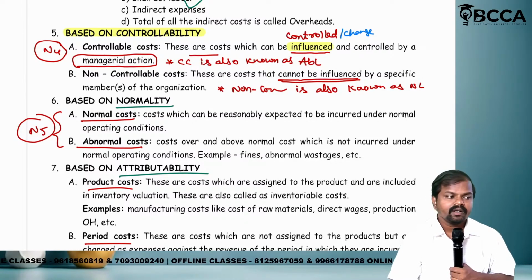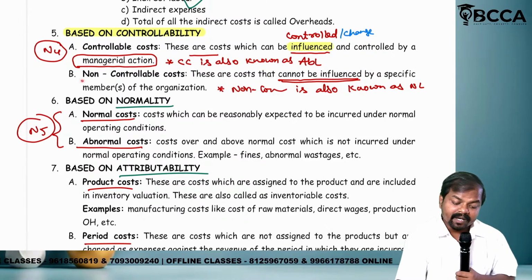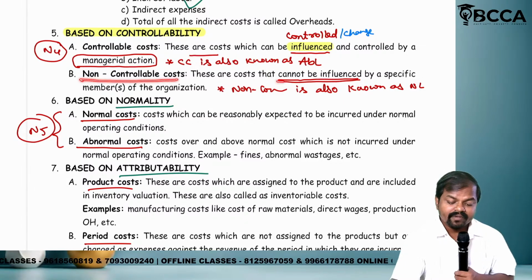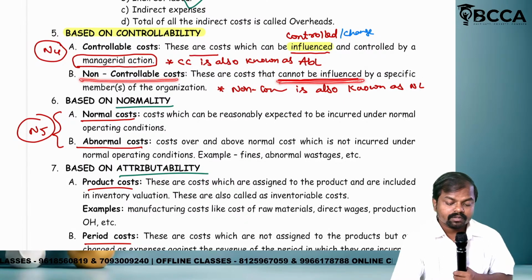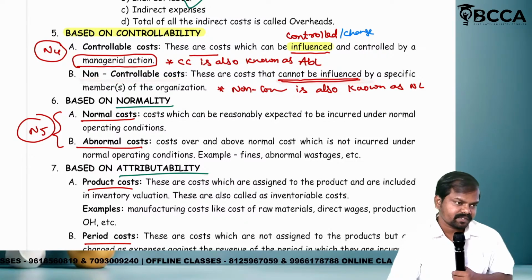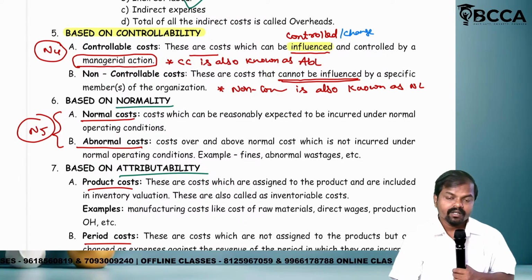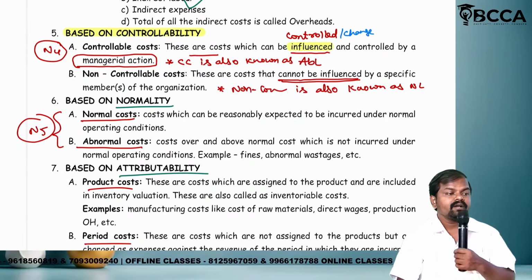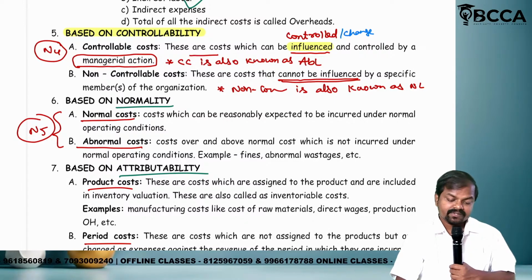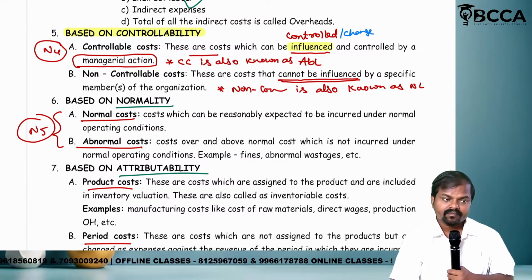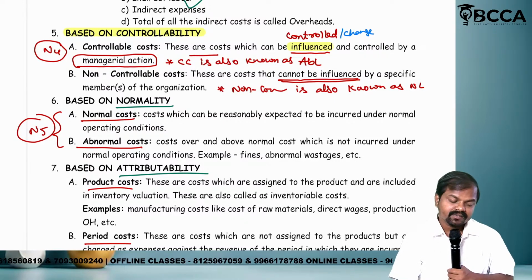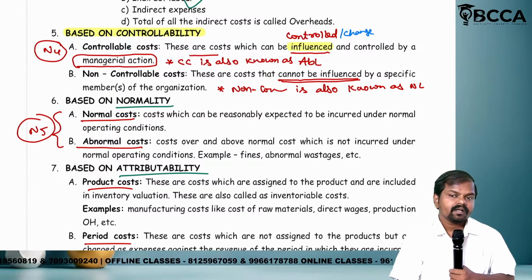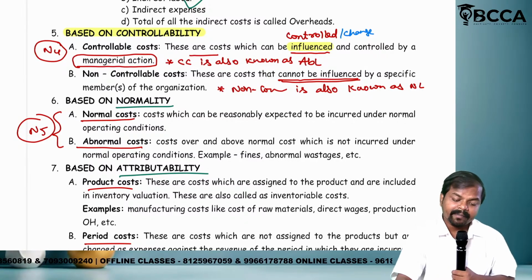Completed? Listen ma. Non-controllable cost: which can be controlled or cannot be controlled? Cannot be controlled. Underline the words cannot be influenced. Below, please write non-controllable cost is also known as normal loss. Clear?